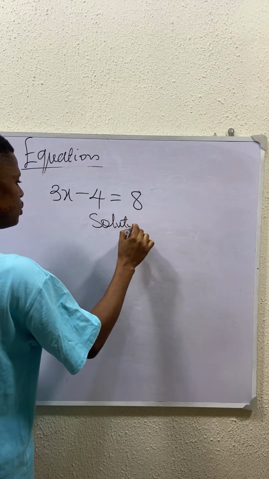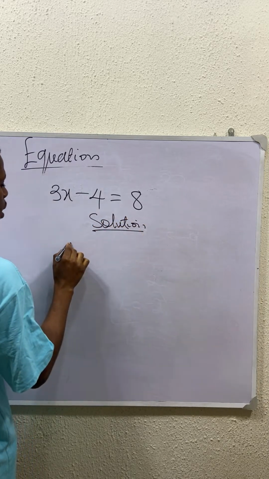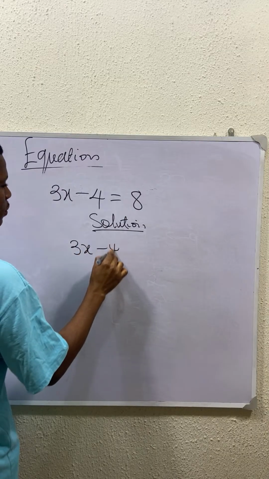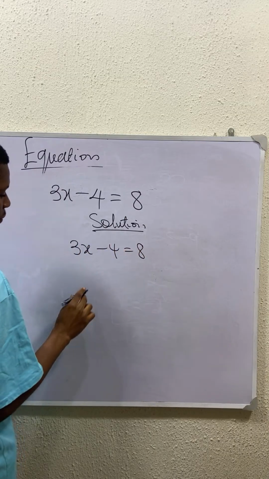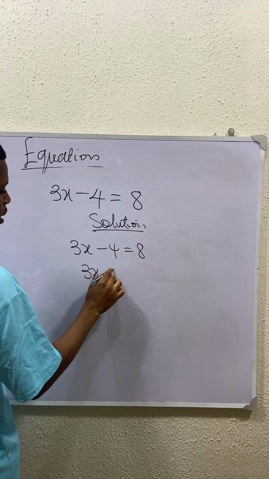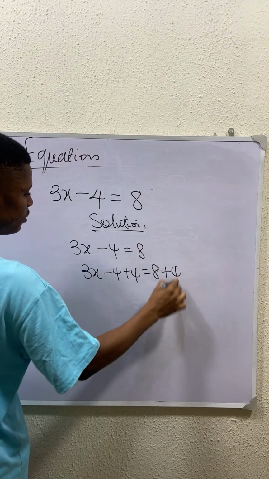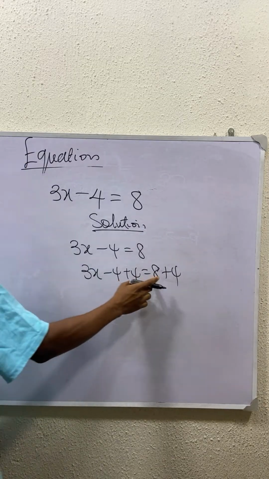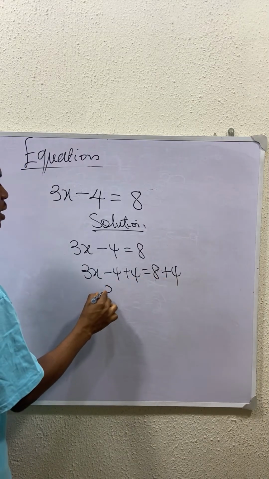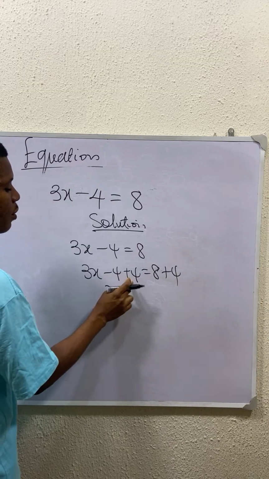So when you have 3x minus 4 is equals to 8, the first thing you do is that since it is 3x minus 4, you add 4, and that's 8, you add 4. So 8 plus 4 is 12. You have it as 3x minus 4 plus 4 is 0.